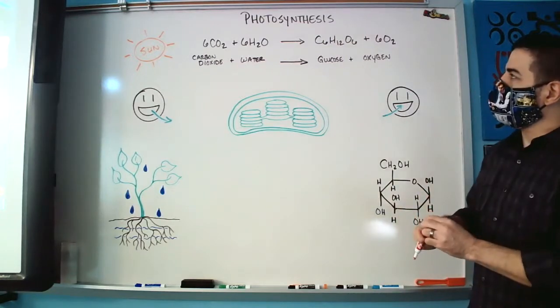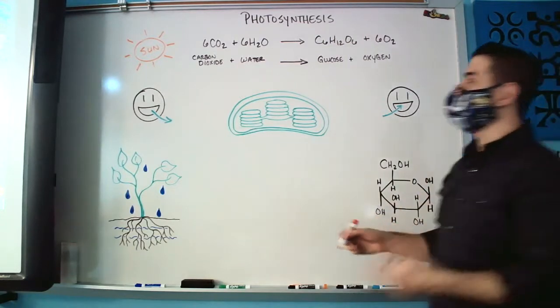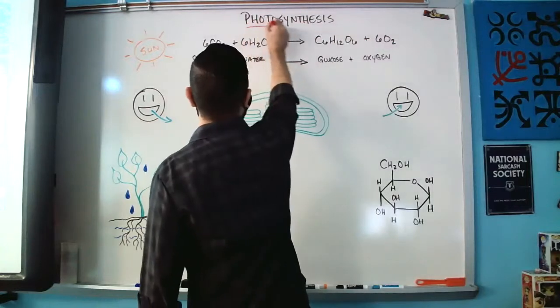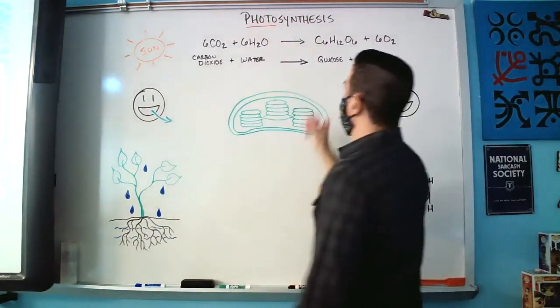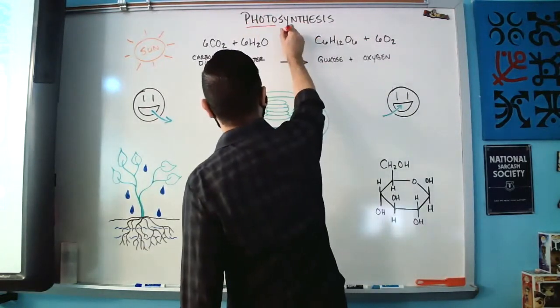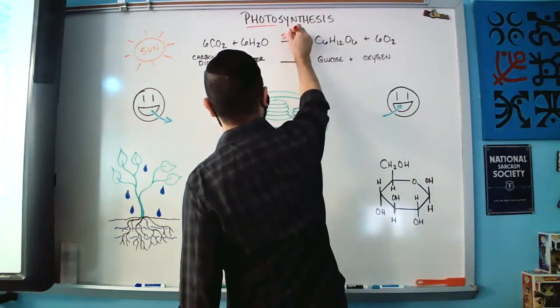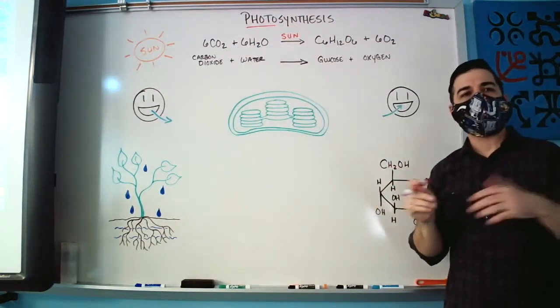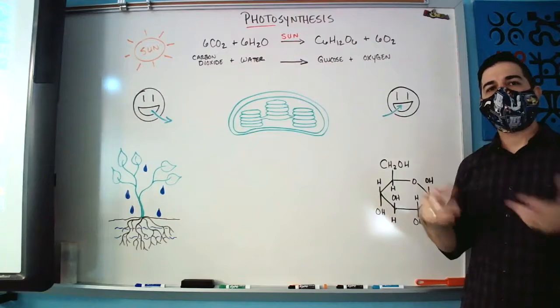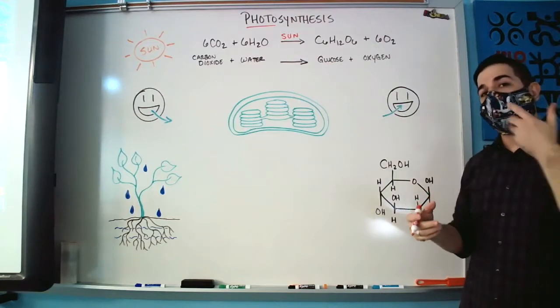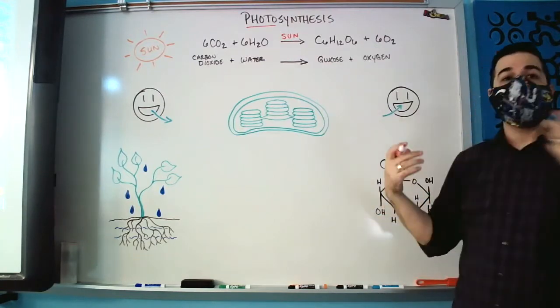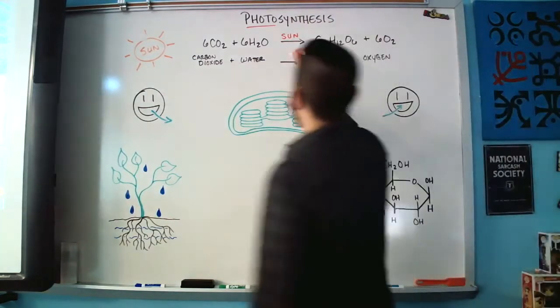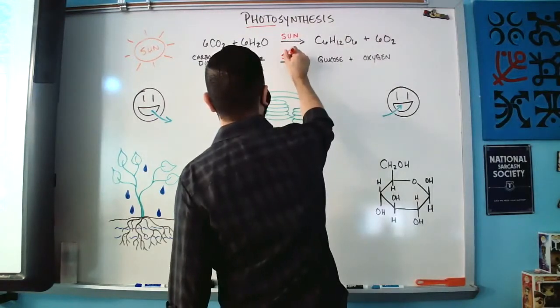So for this reaction to take place, if you recall photosynthesis, photo meaning light, we do require energy, and we're going to write it right above our arrow, and we're going to put sun. Sometimes you're going to see this spelled out as light energy. This is light energy, but obviously light energy that's coming from the sun because we're talking about plants. And so we'll include that here as well.